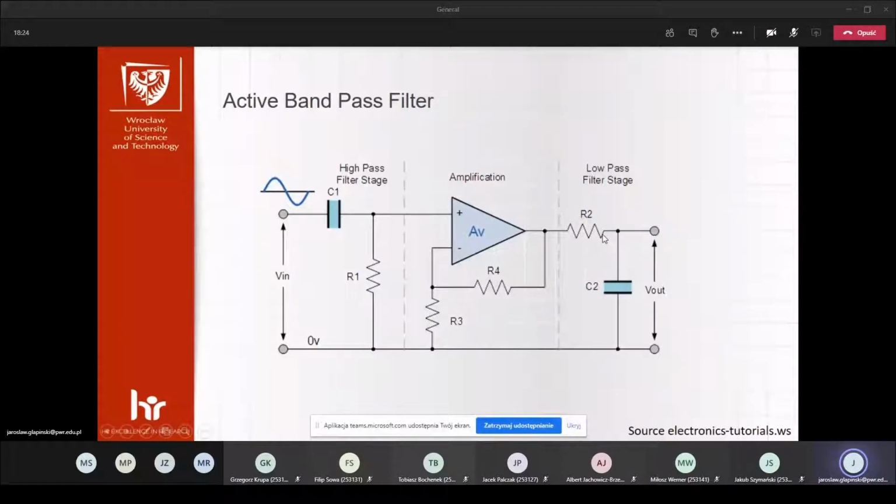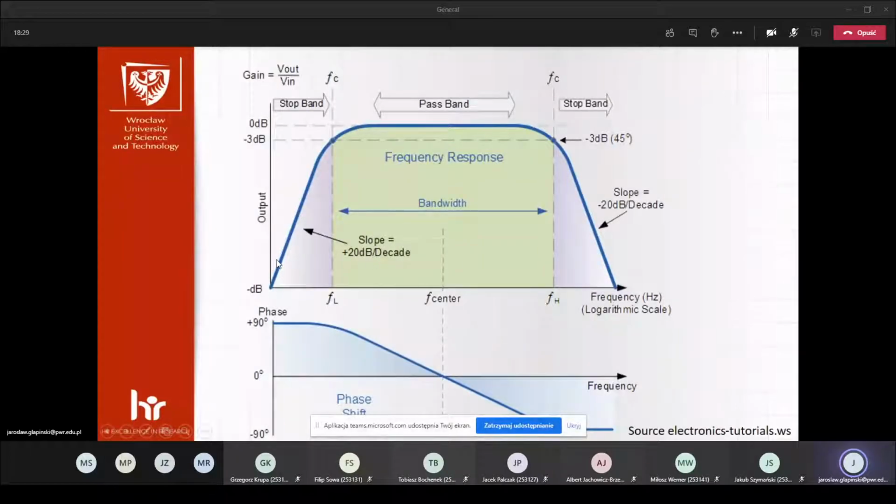But of course, this is just an example of the design. In general, we have the stop band. This is the frequencies up to the cutoff frequency of the high pass filter, which is the stop band of the high pass, and this is the stop band of the low pass. And in this situation, we have the frequencies from this point to this point.